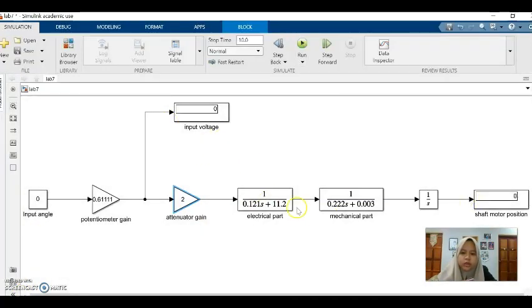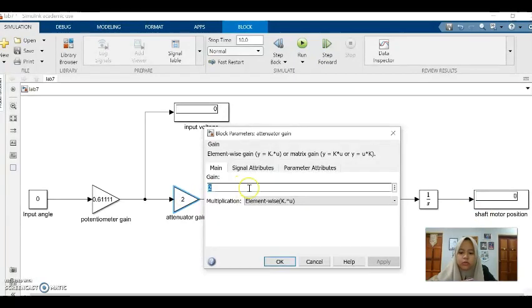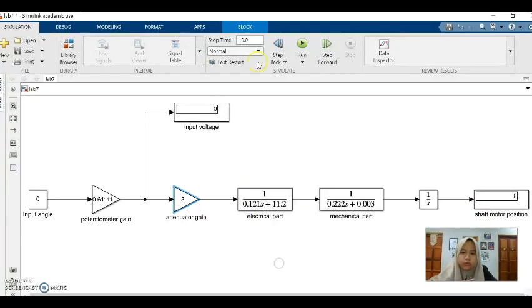Okay, it's the same. Okay, it's the same value. So we can conclude that if the input angle is 0, then the input voltage and shaft motor position will be 0.